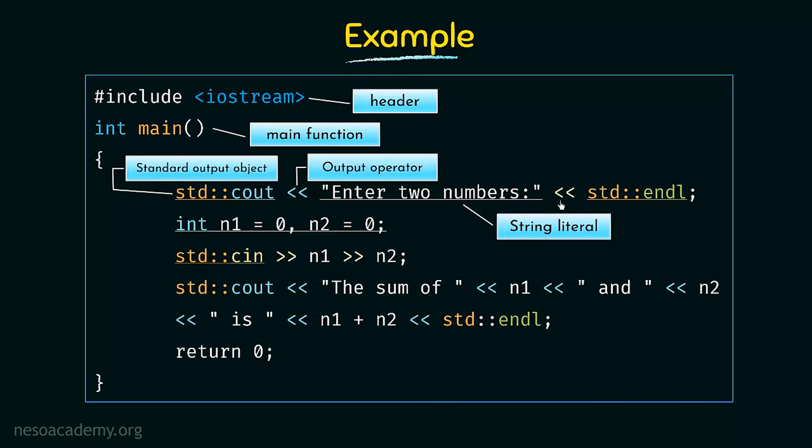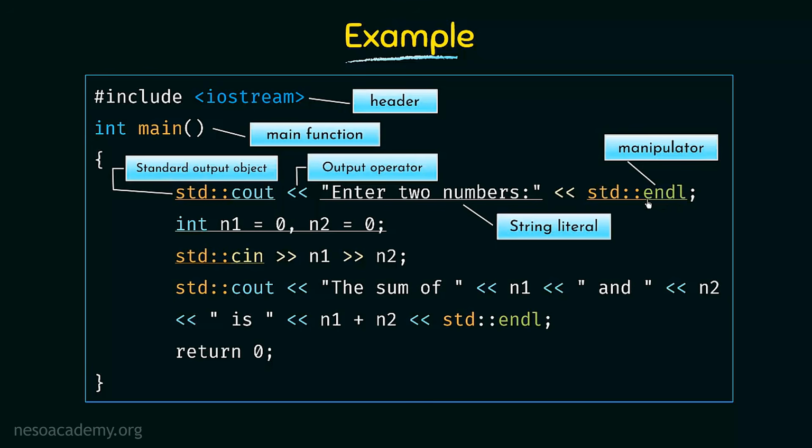And here we see again we have this output operator, and it is written std::endl. Now what is this? This is actually a manipulator. What do we mean by manipulator? It is just manipulating the stream. We are trying to print something as a stream on the screen, and this manipulator endl stands for end line.